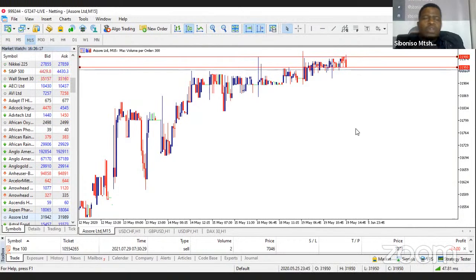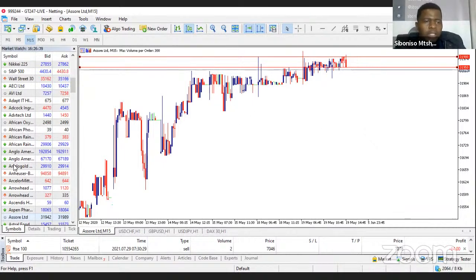You can see there is not much volatility, but nevertheless, we can still identify beautiful opportunities right there. Okay, so I hope it's clear and we are still together.